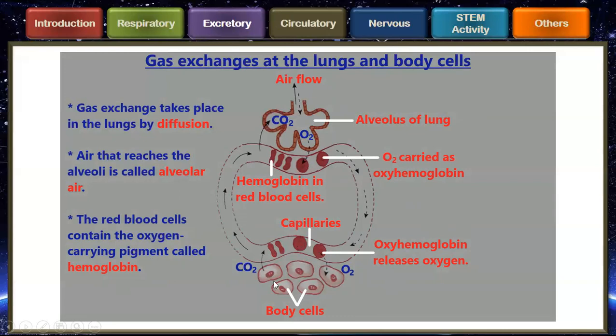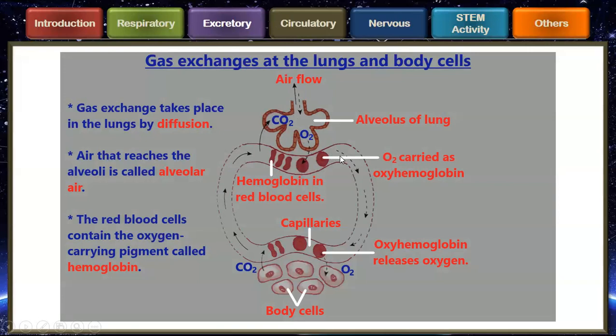Again, body cells have carbon dioxide. It will pump to the capillary. The capillary will help the blood travel, and that blood with carbon dioxide will pump it out to the alveoli, and the alveolus will pump it out afterwards. And the air that flew in the alveolus will be pumped to the red blood cell.